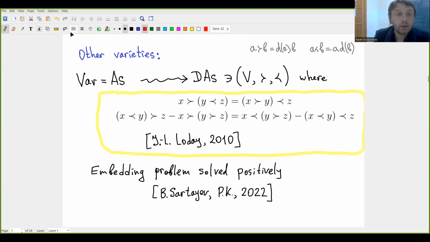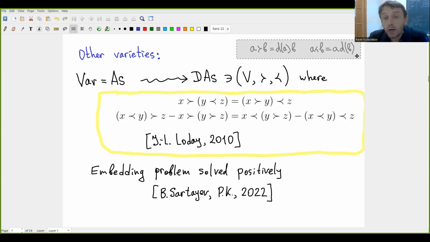These identities are stated here. They are also easy to check. It's easy to check that these identities actually hold on every associative algebra with a derivation, if we consider these two operations.